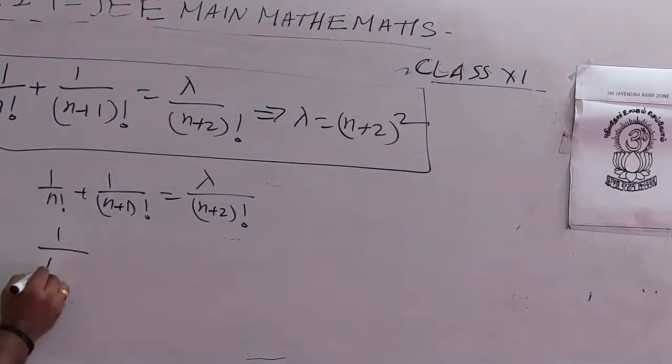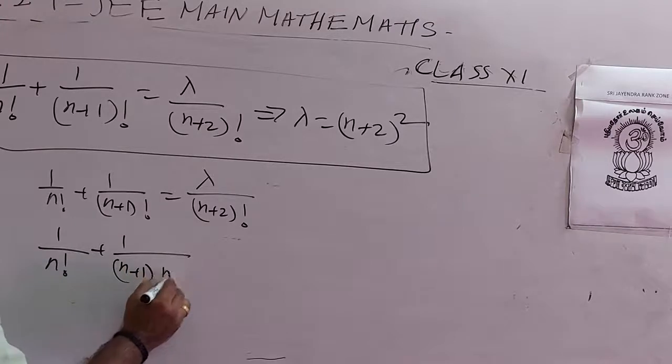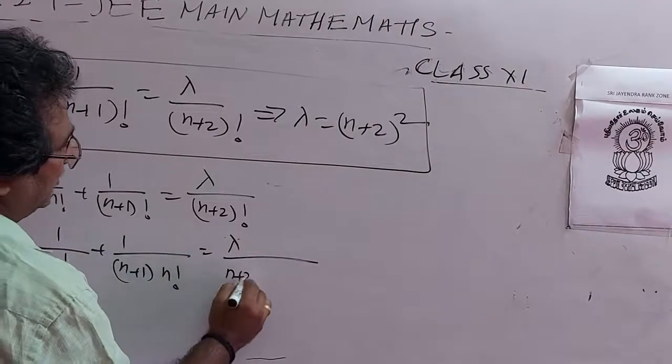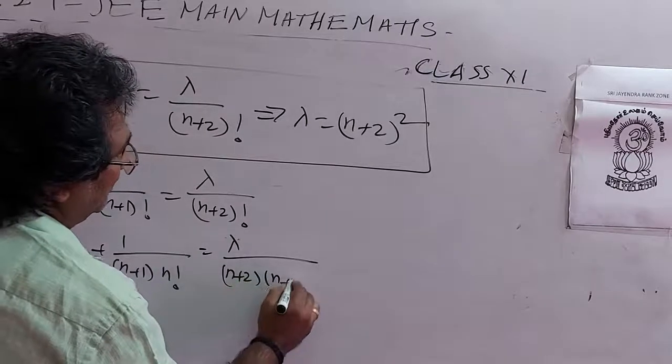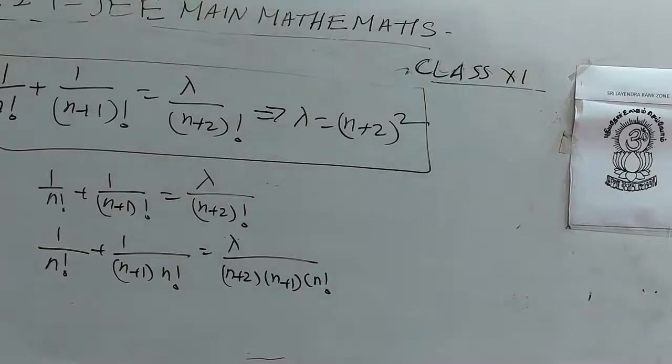So 1 by n factorial plus 1 by n plus 1 into n factorial means lambda by n plus 2 into n plus 1 into n factorial.